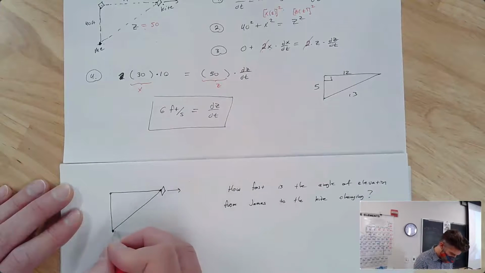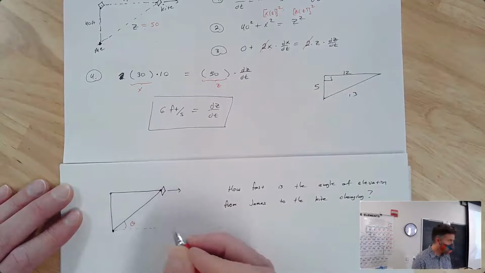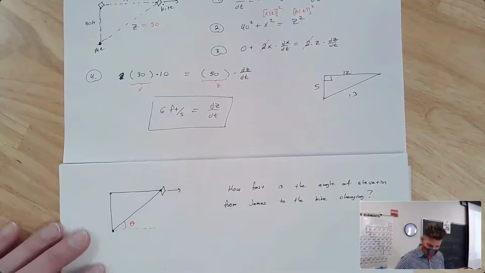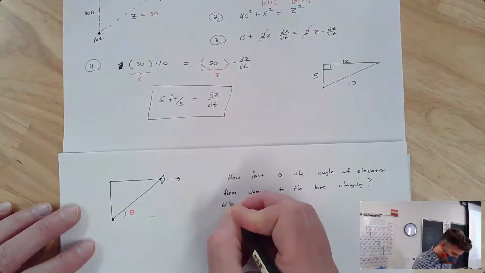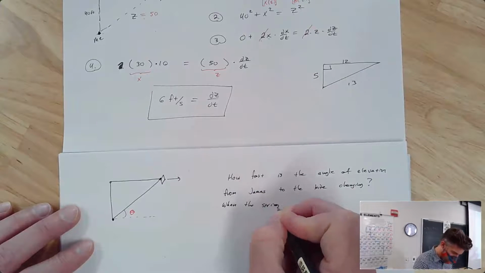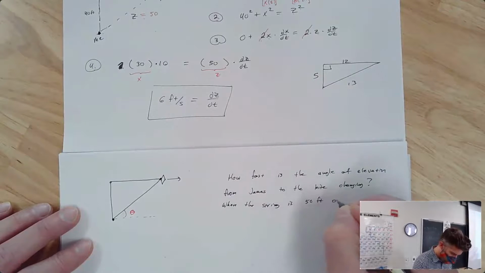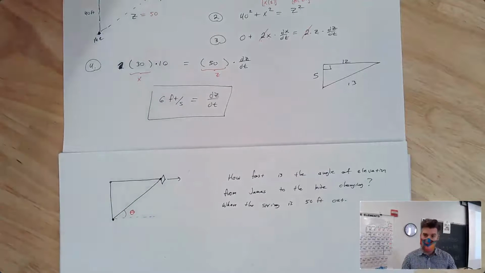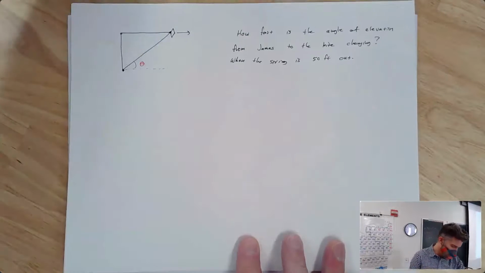So I'm really asking, how is that angle beta changing? I should say, how fast is it changing when the string is still 50 feet out, where the kite is 50 feet from James. And it's written a different way, sorry. So I want to know what's going on there.